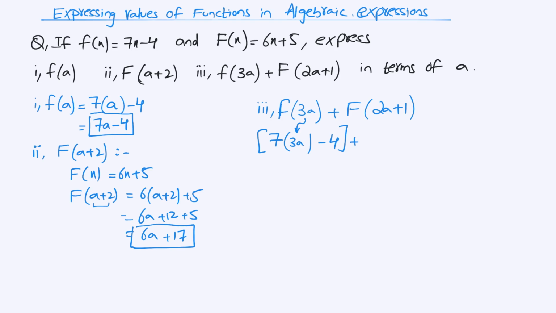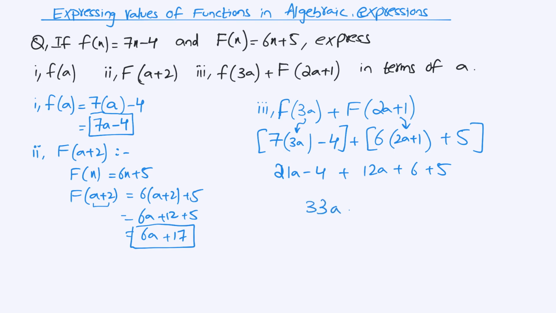As for your capital F of x function, you had 6x plus 5. In place of x the input would be 2a plus 1, and then you resolve it. Simplify this. And this is the final answer that you get.